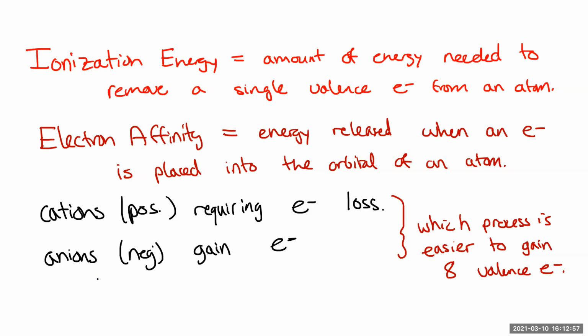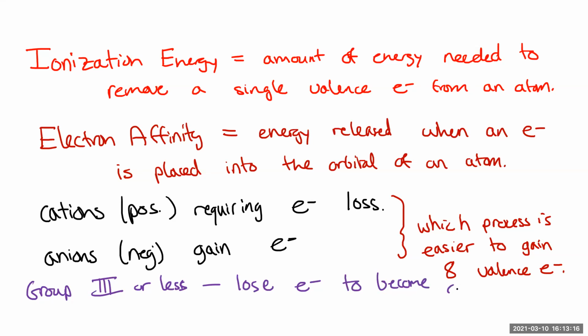And in general, we say if you are in group 3 or less, the general thing is you will be prone to lose electrons to become cations. That's the general rule. And of course, as you've probably learned in life, rules can be broken.